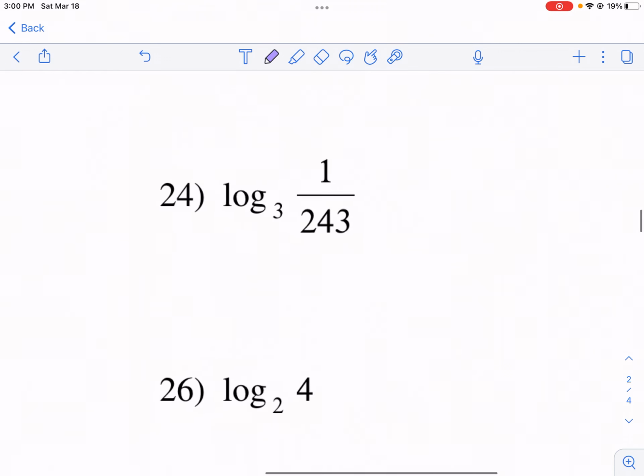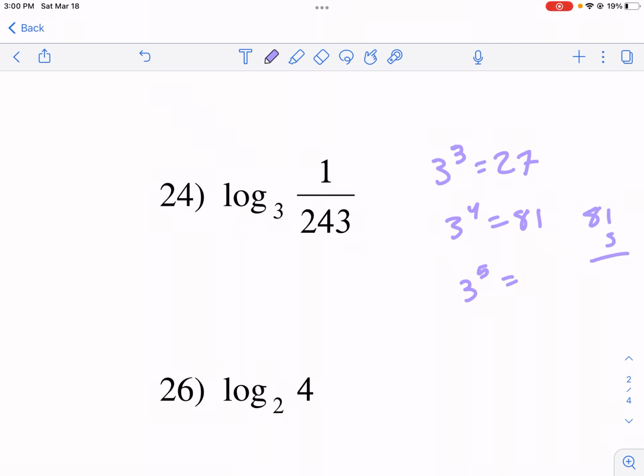This one looks harder. So I know 3 to the third power is 27. And then 3 to the fourth power equals 81. And then 3 to the fifth power, that's going to give us, let's just double check, 81 times 5. Nope, that's not going to be it yet. I think 243.